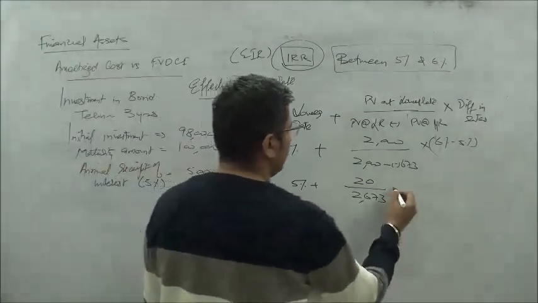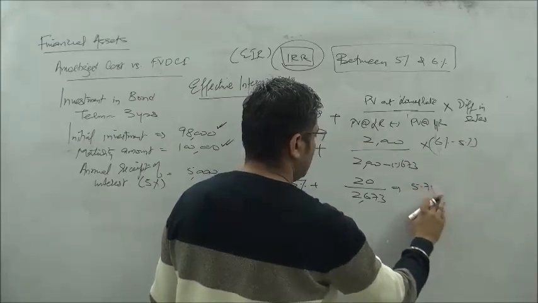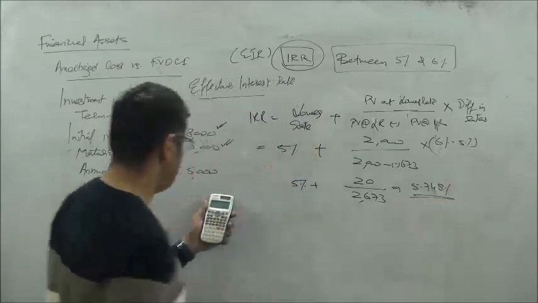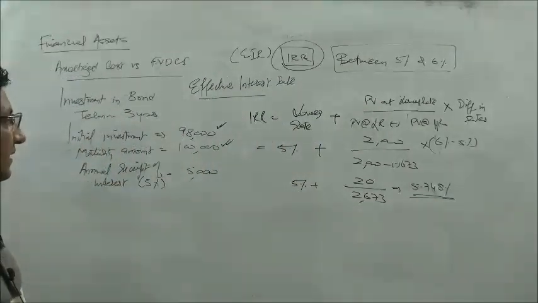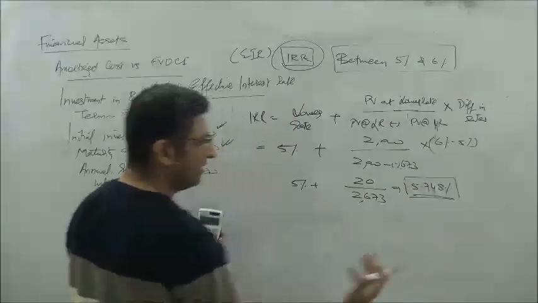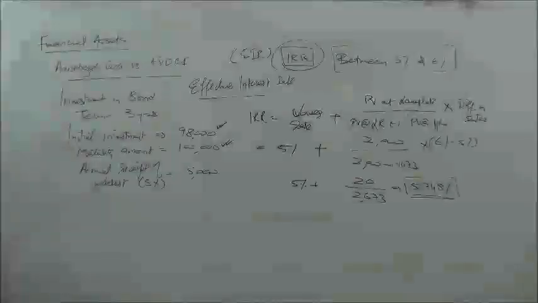5.748. That means my actual internal rate of return or effective interest rate is 5.748. Okay. Now this is something which is clearly identified.